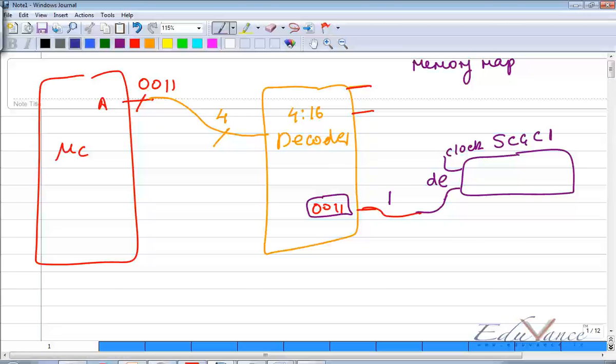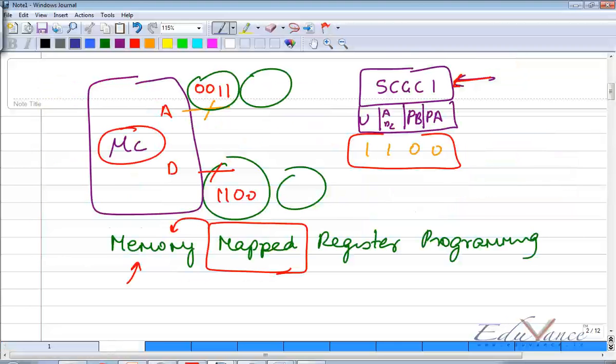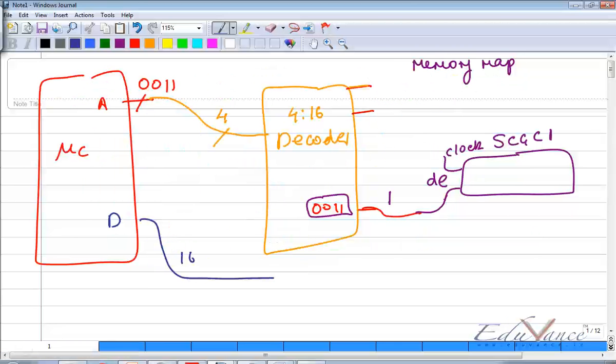So the data which I want to program as per my example is 1100. So the data 1100 will get loaded onto SCGC1 through the data port. So the decoder takes care of the enable. Only when enable is 1, that's when the data gets loaded onto the SCGC, or any register rather. So this concept of data enable and clock applies to any register.